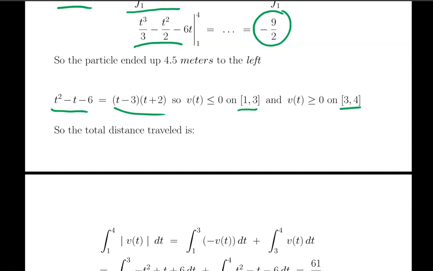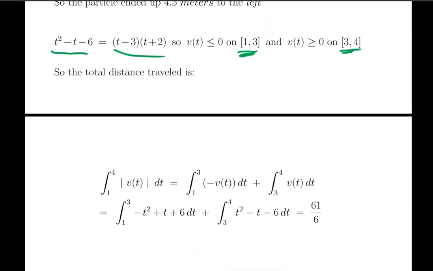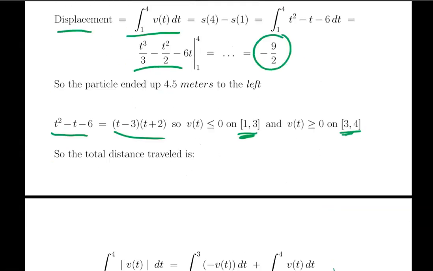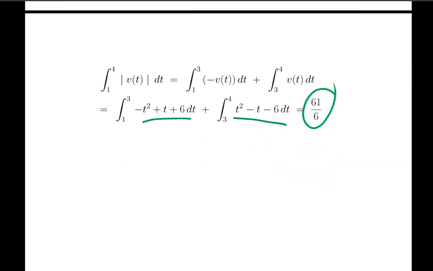So from 1 to 4, I need the absolute value. So from 1 to 3, I have to negate it because it's negative. And then I have to add to that 3 to 4, which I leave alone because it's positive. Okay. So negating this function gives me this. Leaving the function alone gives me this. You do the 2 antiderivatives, add all of that up, and you'll get 61/6, which is obviously a lot larger than 9/2. Okay, so the distance traveled is greater.